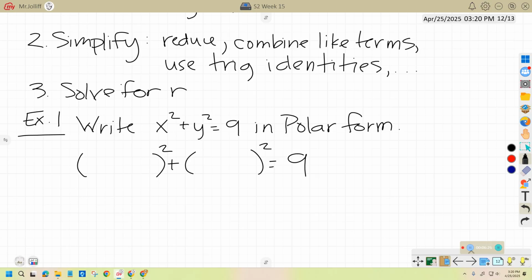What is x equal to? We wrote it down at the substitute step. Nobody taking notes today? Louder, Paul. Thank you, r cosine theta. I'm glad somebody is awake today.